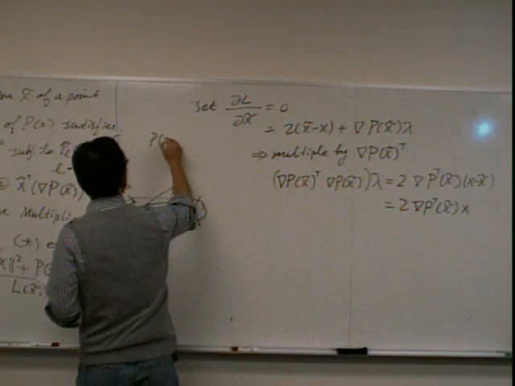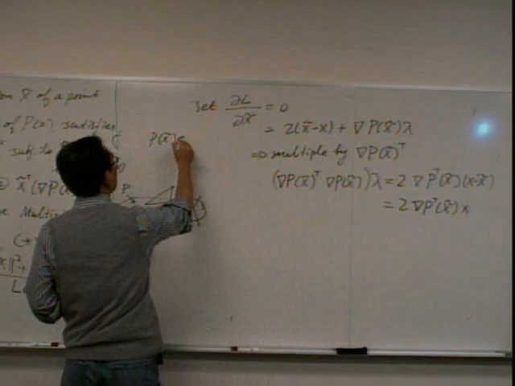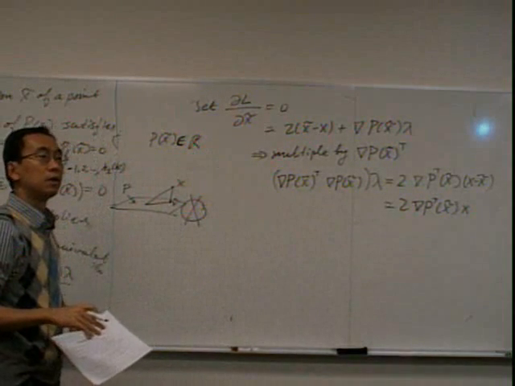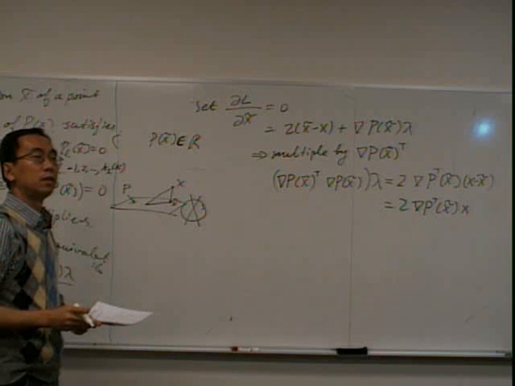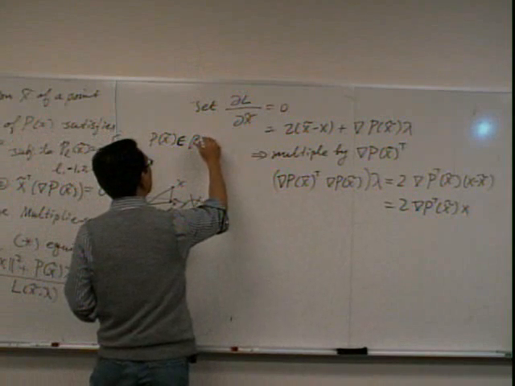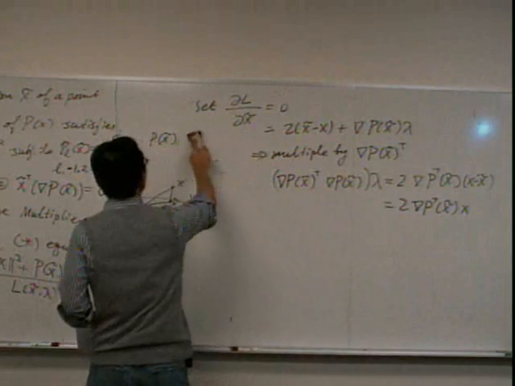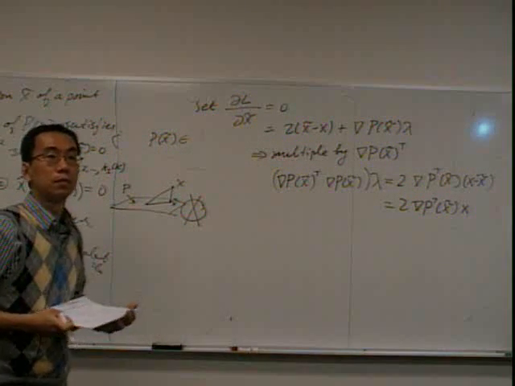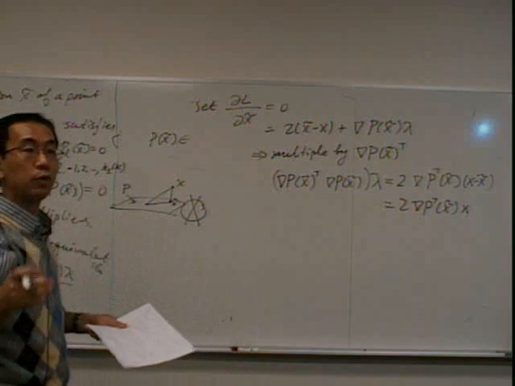So P, what's the dimension of P? No, P is the least of all the vanishing polynomials.